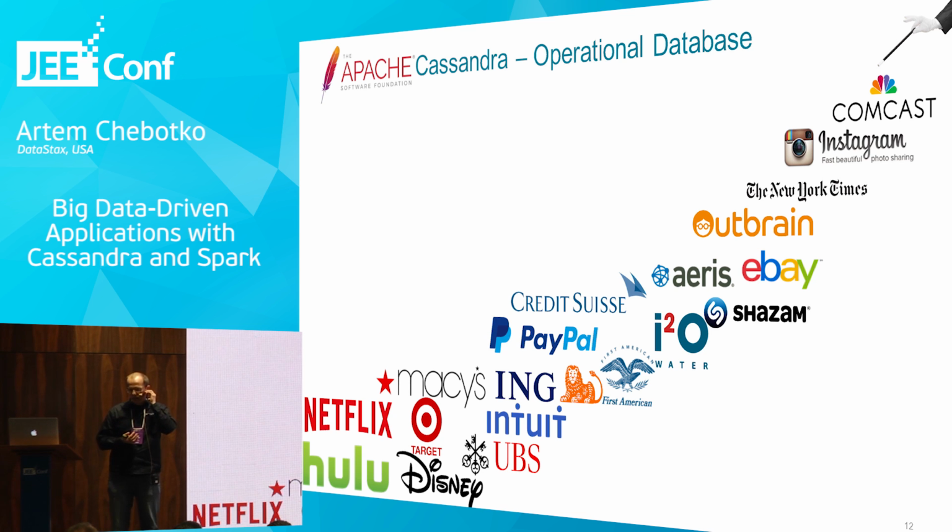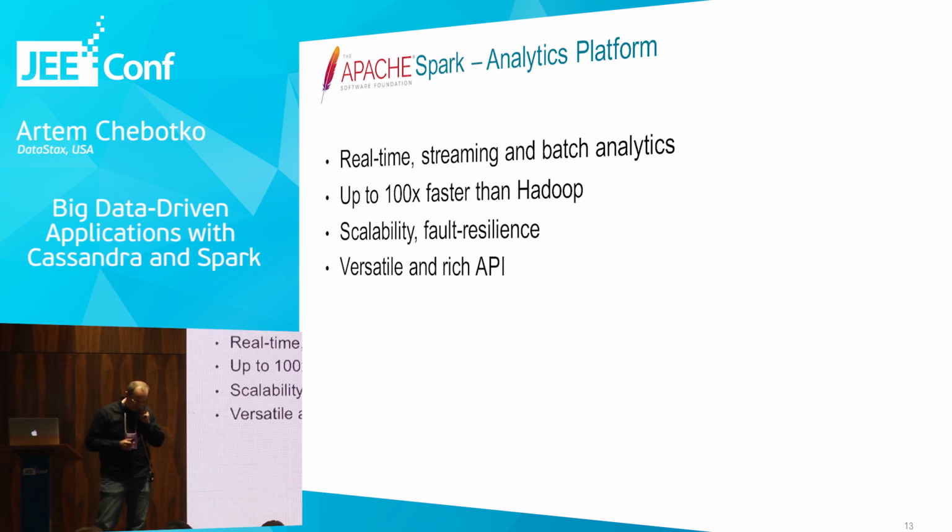A lot of financial organizations use Cassandra: financial transactions, the IoT, the Internet of Things, time series type of data, recommendations, and of course messaging. Again, this is just a small number of those companies.